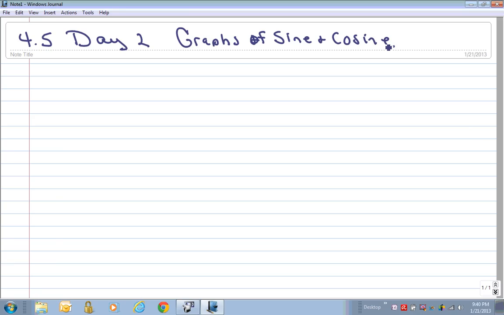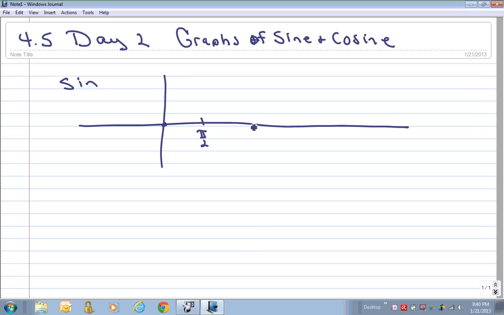Alright, let's review a little bit about our basic parent functions. Let's talk about our sine graph first. Remember that we have our basic points for our key values along our unit circle. So we start at 0, at pi over 2, at pi, at 3 pi over 2, at 2 pi, and so on.